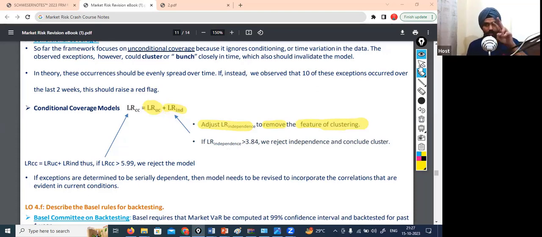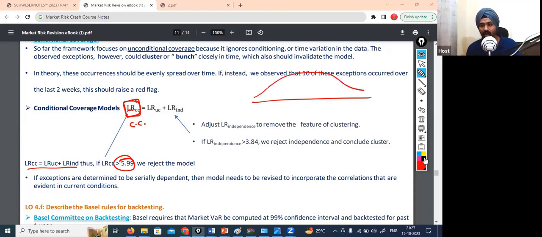There are two things here that I want you to know. First, on a combined basis, if the log likelihood ratio for conditional coverage is greater than the critical value of 5.99, this is my critical value. Now the critical value is not 3.8, it is 5.99.